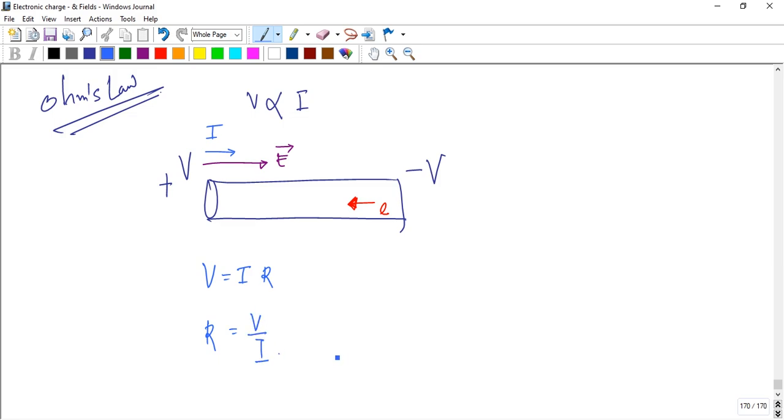Now if I plot that expression and calculate R, the resistance, that's the graphical representation.